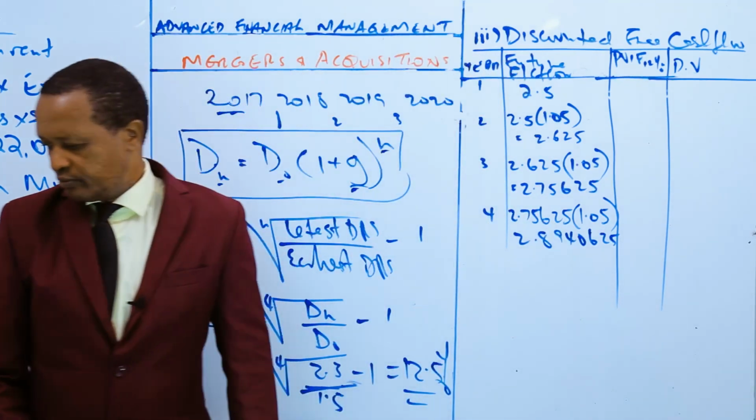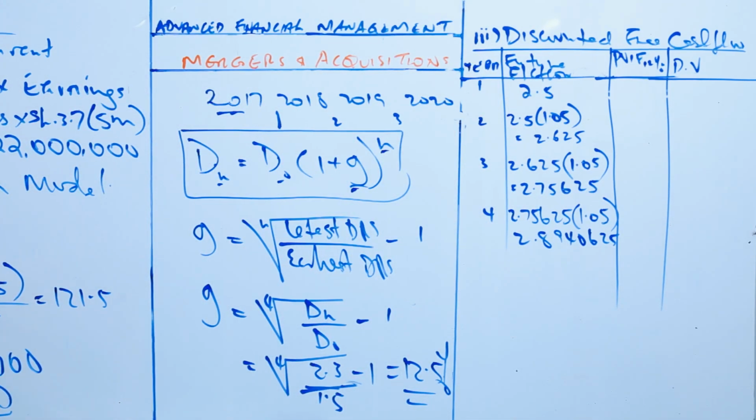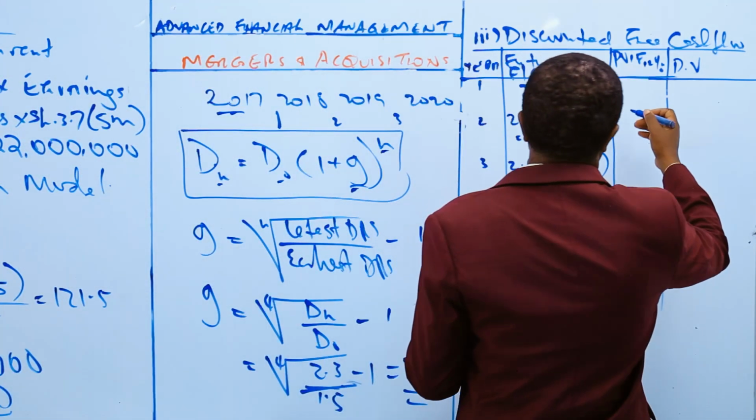So I check from my table the discounting rate. If I don't have a table, I just divide. I don't have my tables, but the rate here is 12%. So I just take 1 divided by 1.12 raised to 1. Now I have the present value interest factors at 12%.